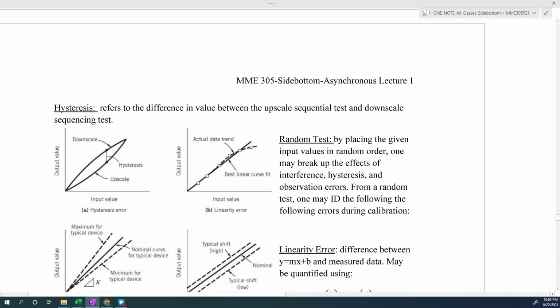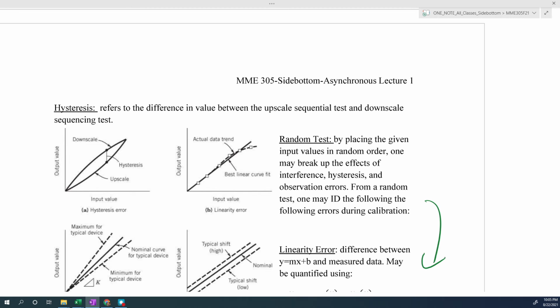The other example is a random test, which is given by placing all the input values in a random order. The point is to try to break up effects of interference, hysteresis, or any types of observation error. From a random test, one can identify a number of additional errors. But before we talk about those, we want to talk about hysteresis. Hysteresis refers to the difference in values between the upscale sequential measurement and a downscale sequential measurement.